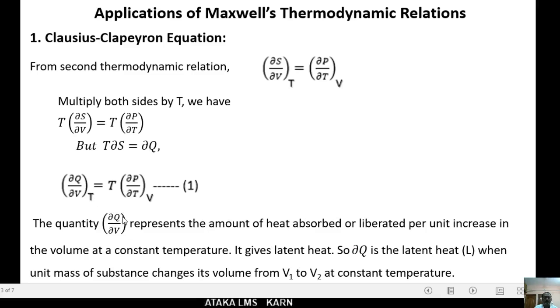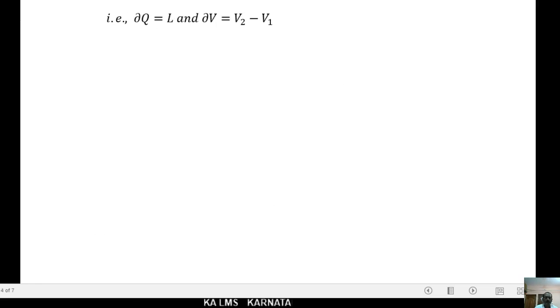Dou Q is replaced by latent heat L when unit mass of substance changes its volume from V1 to V2 at constant temperature. Therefore, in equation 1 you can replace dou Q equals L and dou V equals V2 minus V1.